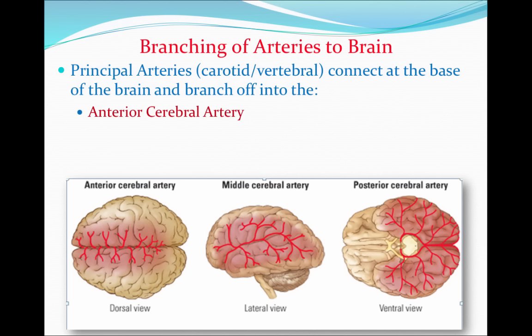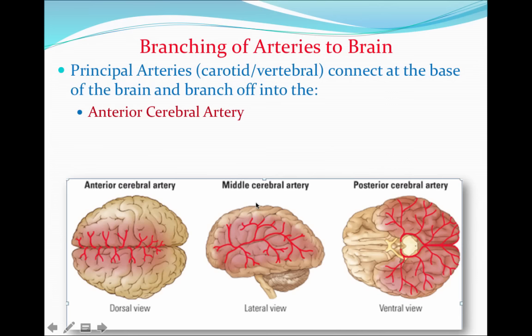It also supplies the anterior part of the corpus callosum with blood. Remember, the corpus callosum is this middle section here. It also supplies the parietal lobes with blood. You have your parietal lobes there. Okay, so that's the anterior cerebral artery.